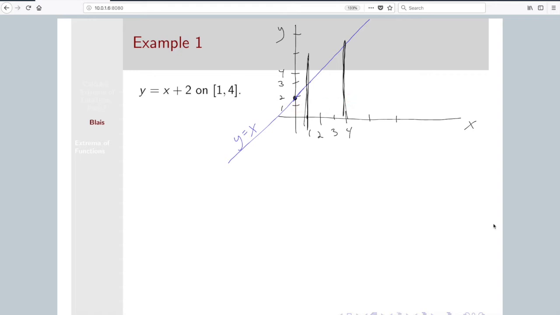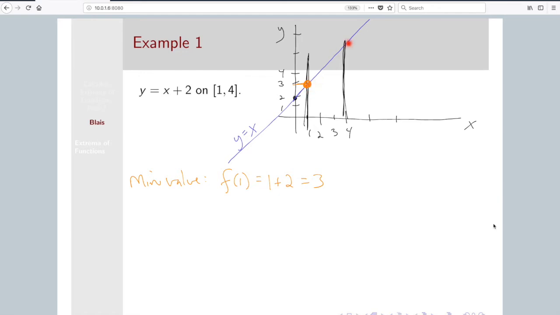And we can see, just from visual inspection, that the minimum value occurs at this left endpoint. So our minimum value is f of 1, which is 1 plus 2, or 3.